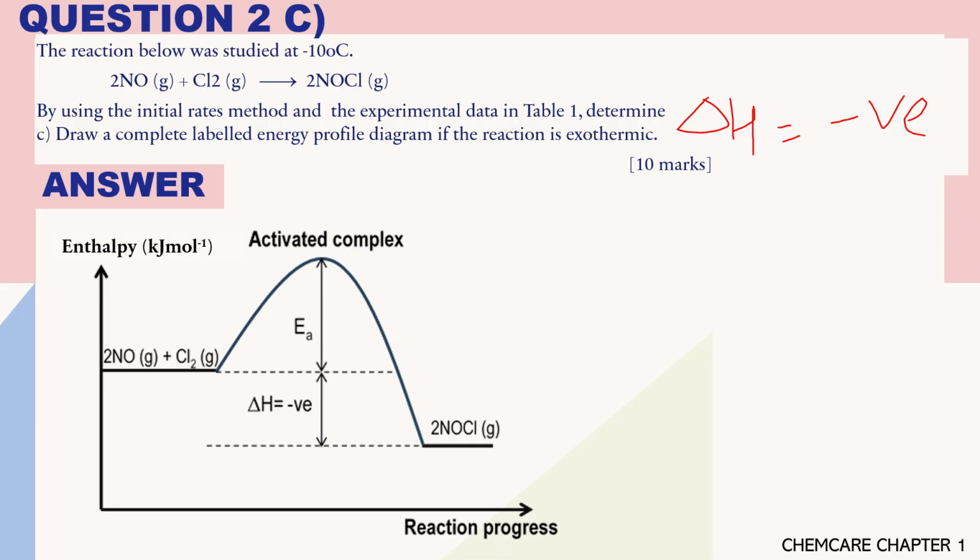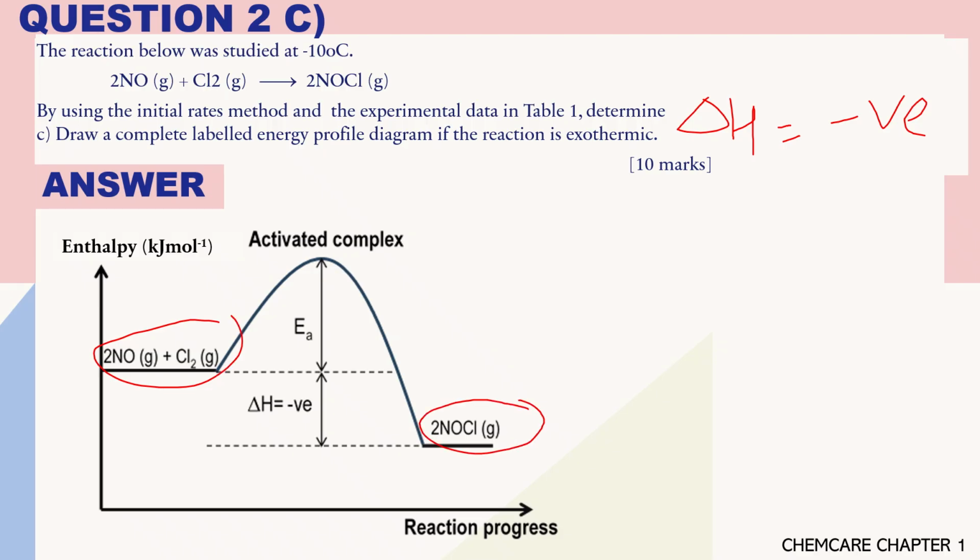The x-axis is the reaction progress and the y-axis is enthalpy in unit kilojoule per mole. So for the curve you have to show that the product has lower enthalpy than the reactant, and then you need to label the reactants 2 mol NO plus Cl2 and label the product 2 mol NOCl.